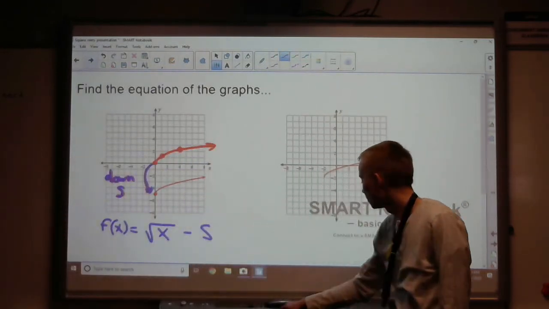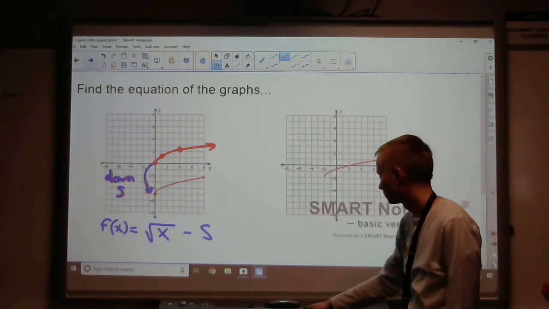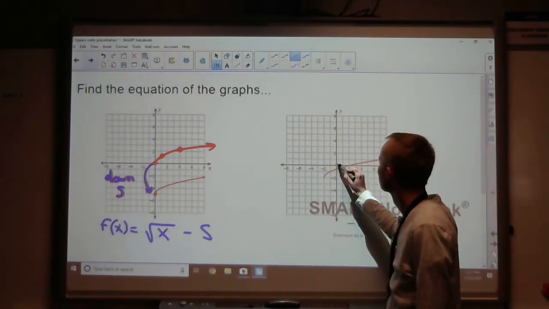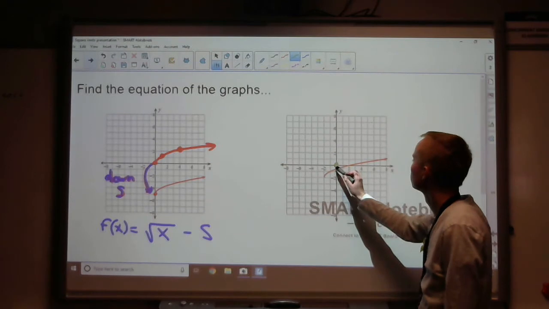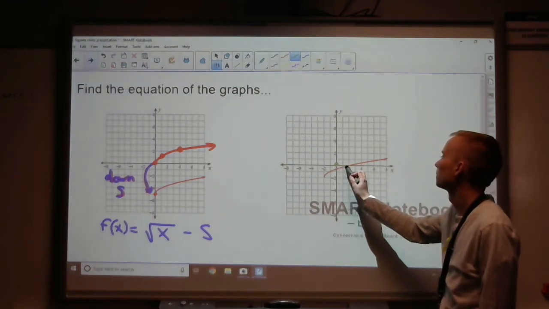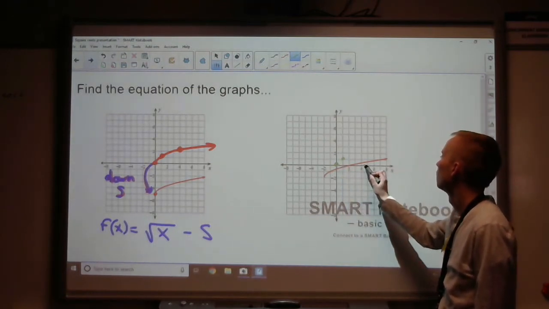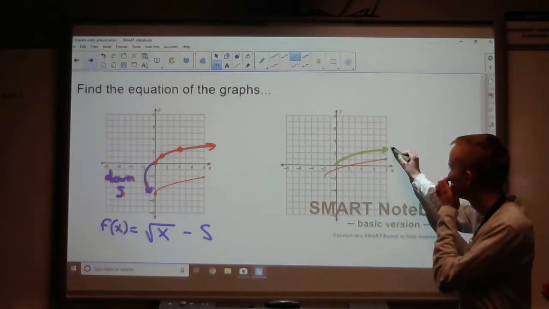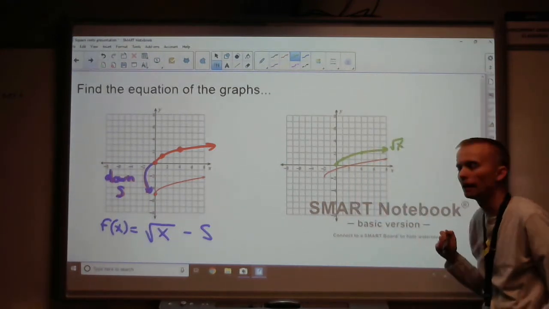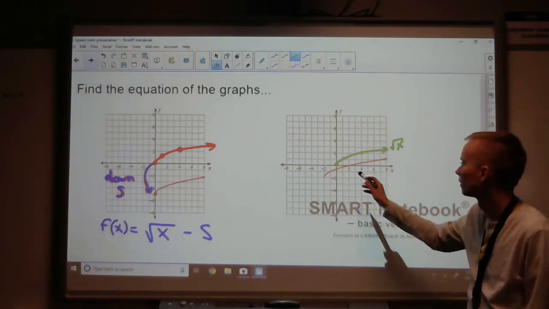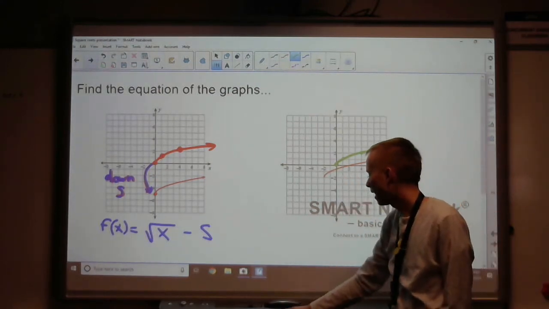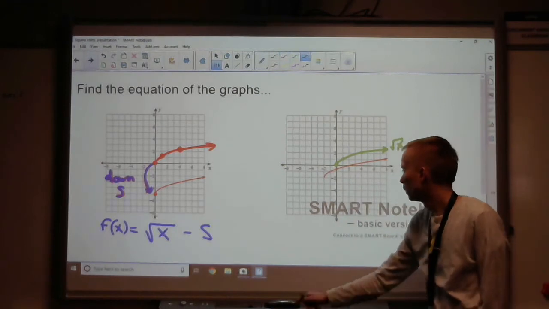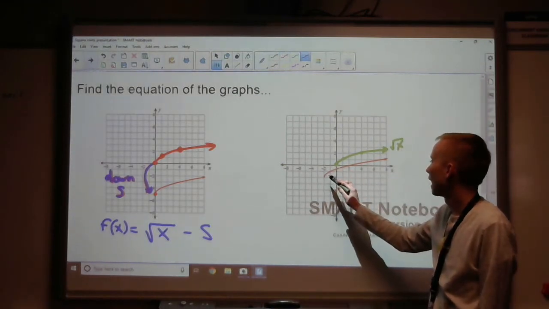Let's do a similar one now for this other graph. So my regular square root starts at 0, 0, goes over 1, up 1, over 4, up 2. There we go. There's our square root. Regular square root graph without any transformations. So what happened between this graph and this graph?